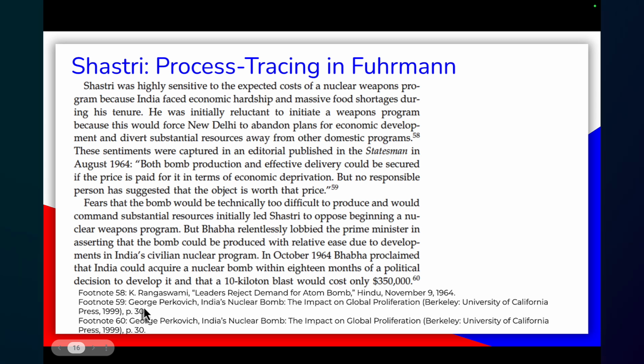Okay. But the thing about it is that Shastri, who is the prime minister at the time, is pretty opposed to the prospect of developing nuclear weapons. So it says here, Shastri was highly sensitive to the expected costs of a program because India faced economic hardship and massive food shortages during his tenure. He was initially reluctant to initiate a weapons program because this would force New Delhi to abandon plans for economic development and divert substantial resources away from other domestic programs. These sentiments are captured here with this quote from the Statesman.